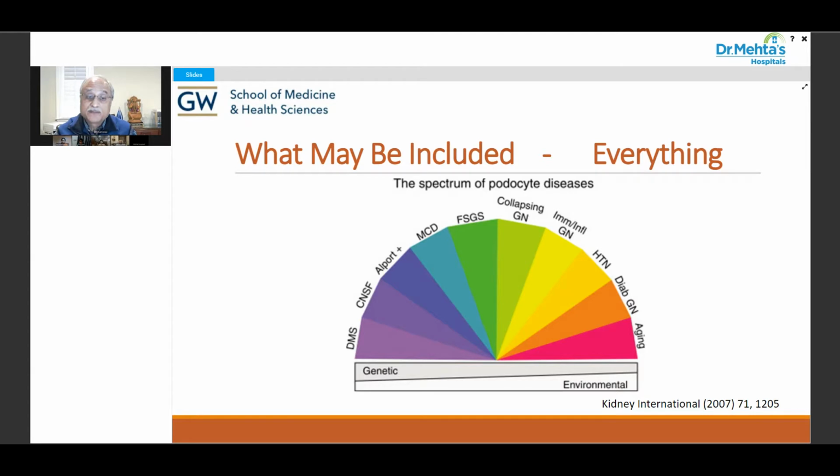For us as pediatric nephrologists, a lot of these genetic variants, diffuse mesangial sclerosis, congenital nephrotic syndrome, Alport syndrome, minimal change disease, focal sclerosis, collapsing glomerulonephritis, immunopositive or negative forms of glomerulonephritis, and for adults, particularly aging, diabetes, and hypertension, really are important aspects of this evolving field.